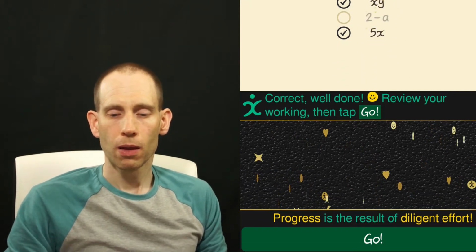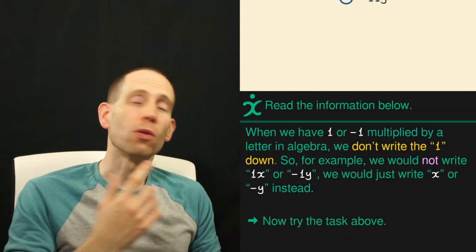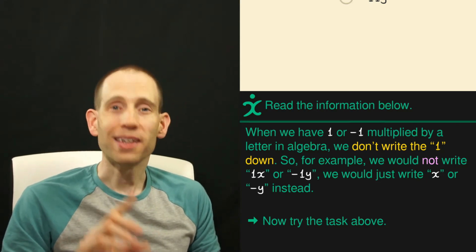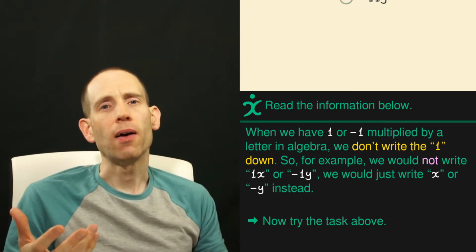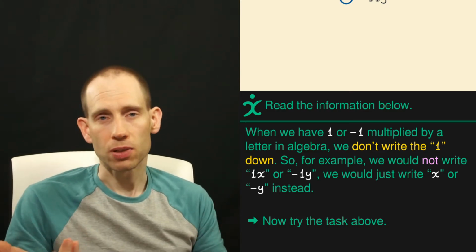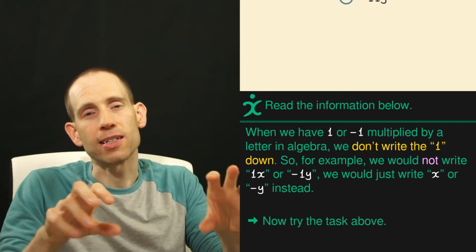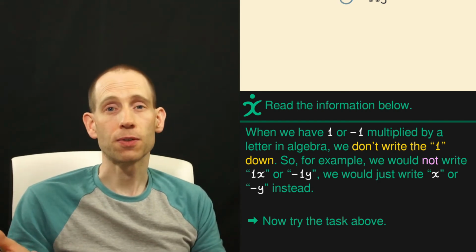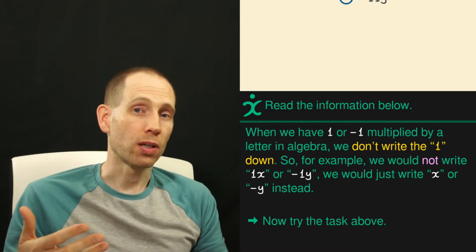Okay. So when we have 1 or -1 multiplied by a letter in algebra, we don't write the 1 down. If you think about it, 1 times 7 always equals 7. 1 times anything is just going to equal that thing. 1 times -15 is just -15. And the same thing works with algebra.